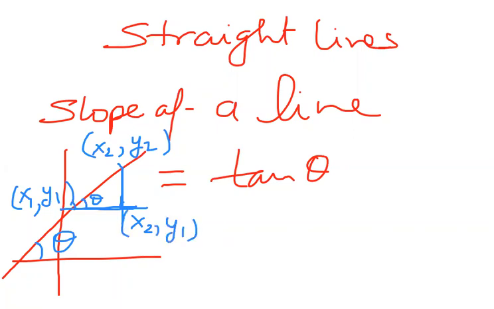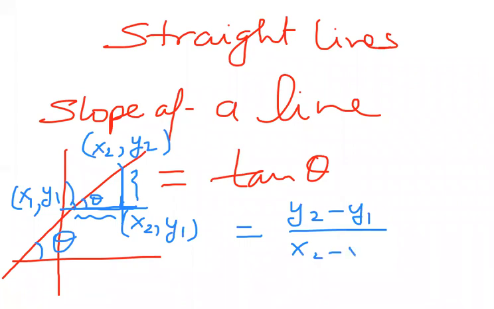Now slope will be perpendicular on base. Perpendicular on base. Hope you are able to see. Perpendicular will be the shift is y2 minus y1. If you are calculating with the distance formula, then also you will be getting this as y2 minus y1 upon x2 minus x1.